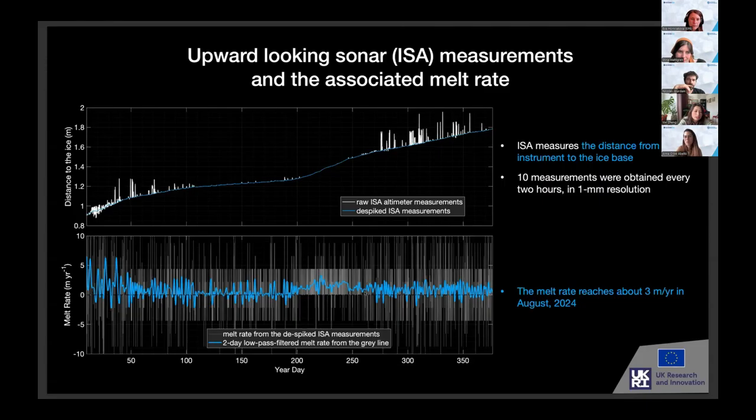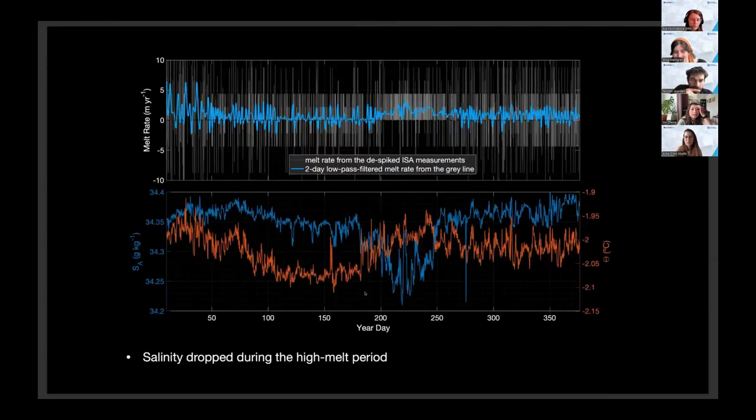And then we can compare our melt rate with the temperature figure that I showed you before, but now I'm introducing a new line, this blue one, as the absolute salinity. We can see that when the ice shelf was melting rapidly, we also had the salinity dropping in this place, which again proves that the glacial ice was melting at that time, releasing fresh water into the ocean that was then captured by our instrument.